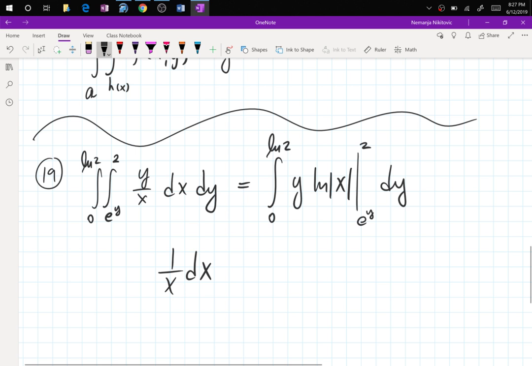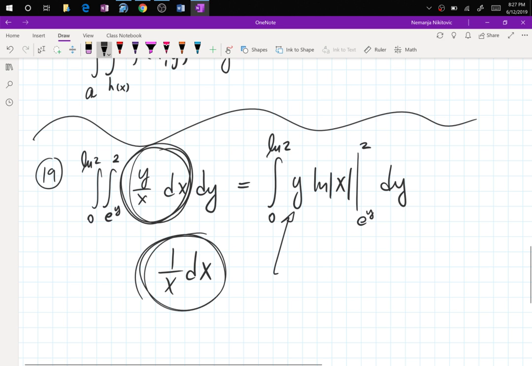And I still have dy. So one more time. I am integrating this. Since I'm integrating in respect to x, y is a constant that multiplies the whole thing. So I just copy the constant. And since I copy the constant, the only thing that I have to worry about is the integral of 1 over x dx, which is ln absolute x.